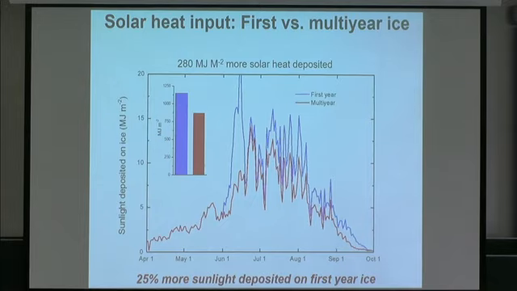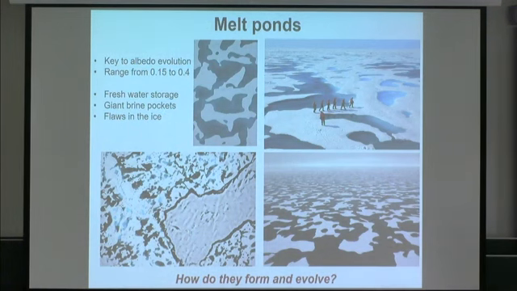And that translates to around 90 centimeters of additional melt, which, if it's first-year ice, will be enough to get rid of it. So again, yes, this is something we have to consider, because if we have first-year ice, we'll have a lot more melting than we will with multi-year ice. And again, it's largely because of the ponds.